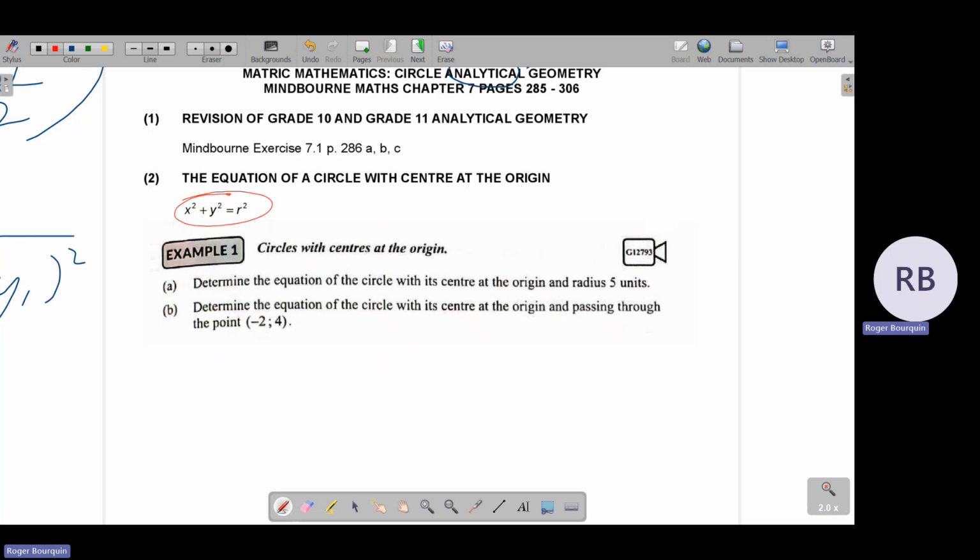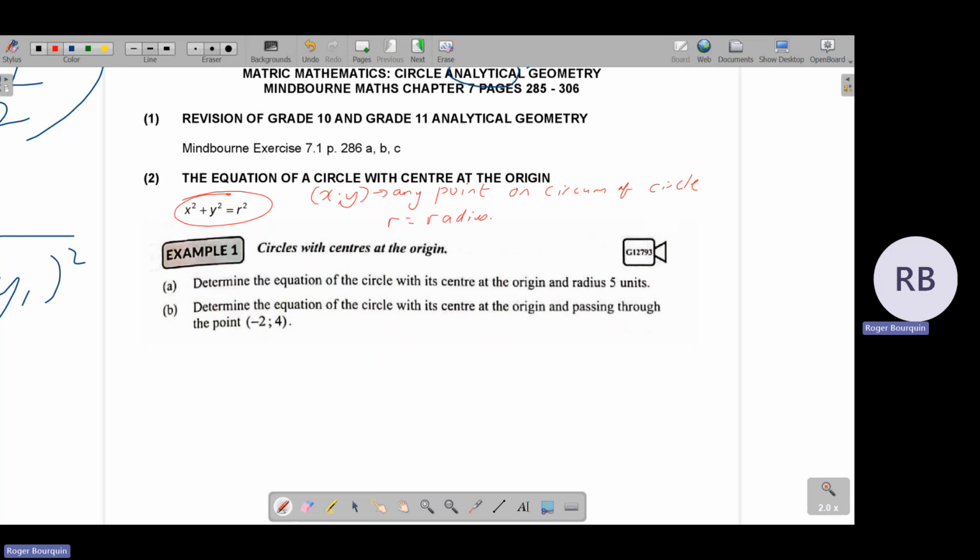What do x and y stand for? x and y is any point on the circle, on the circumference of the circle, and r is equal to the radius.